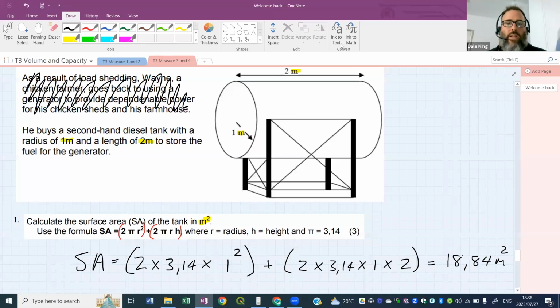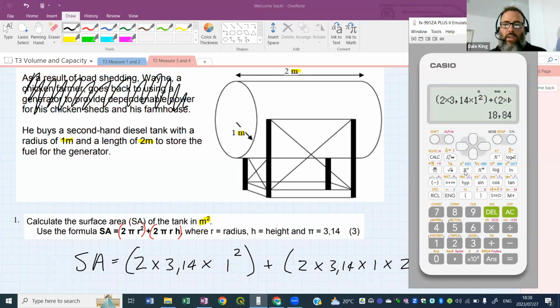I think the people that are getting 18.85 are using pi as 3.142. All right, check what I have written there in my formula. I've substituted all the values in. Check what I have. You should have that on your calculator. All right, there it is on my calculator. I'll go through it. 2 times 3.14 times 1 squared.